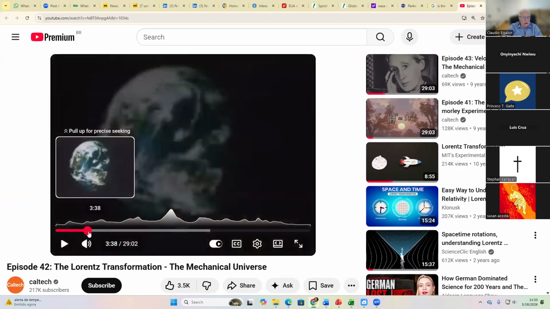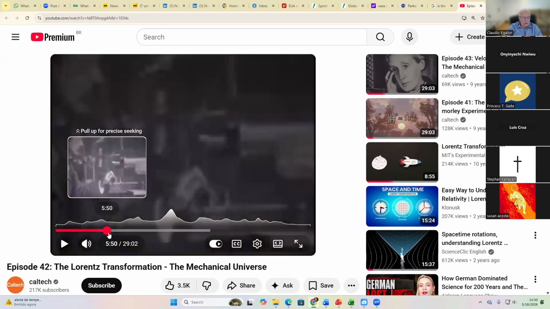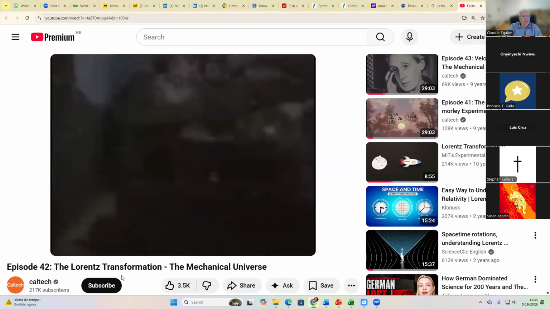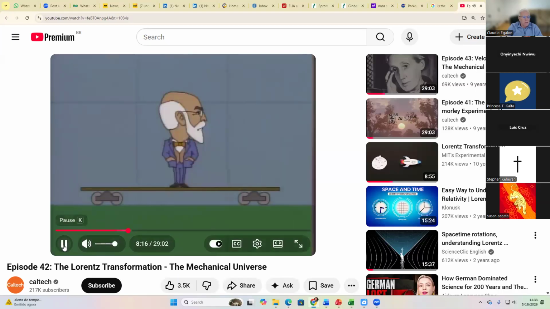So here's the character, and Henry. Here's the moving referential, right? This guy is Lawrence, and you have Einstein in the other referential.